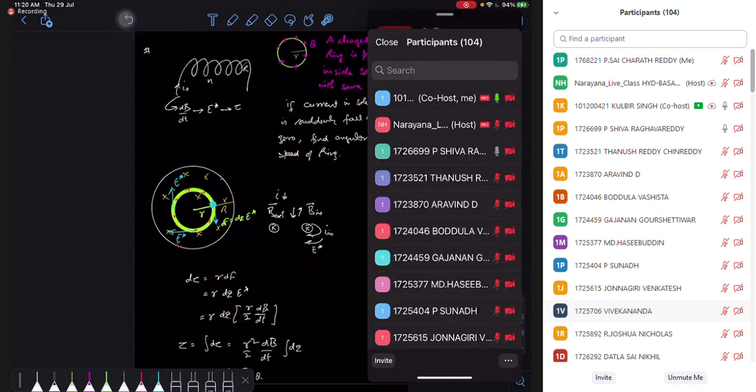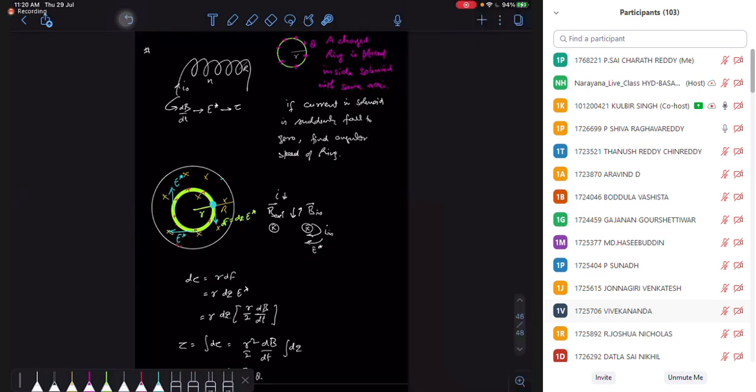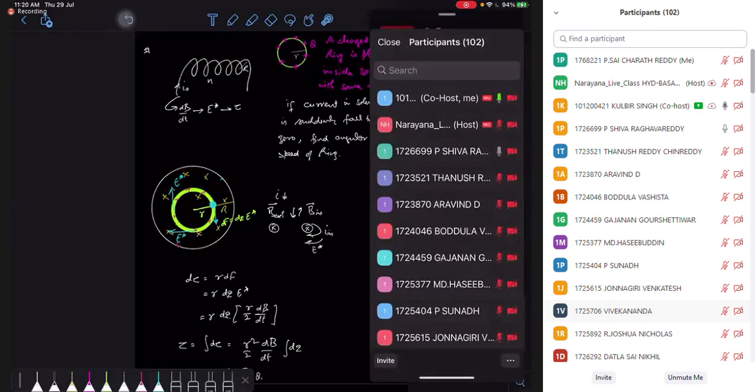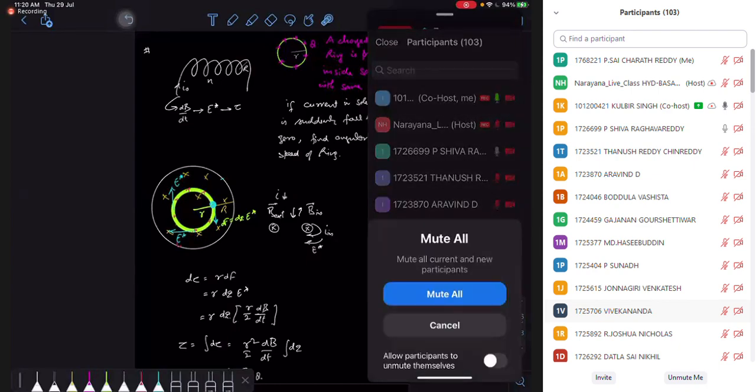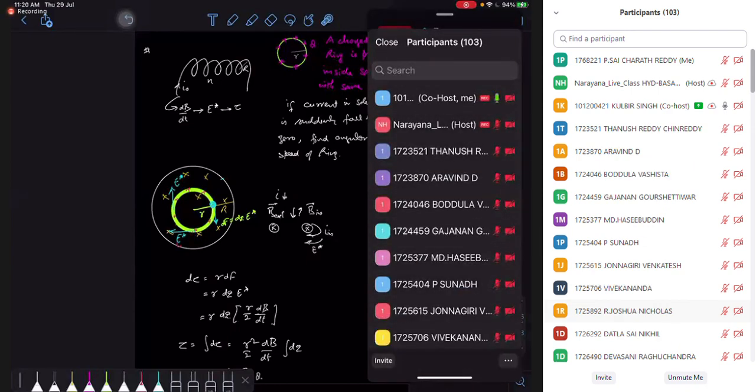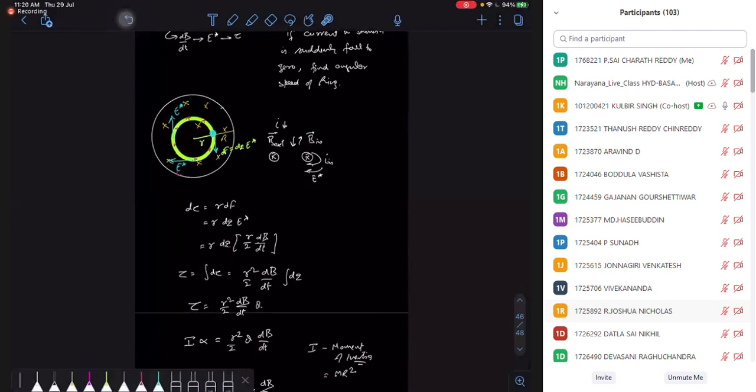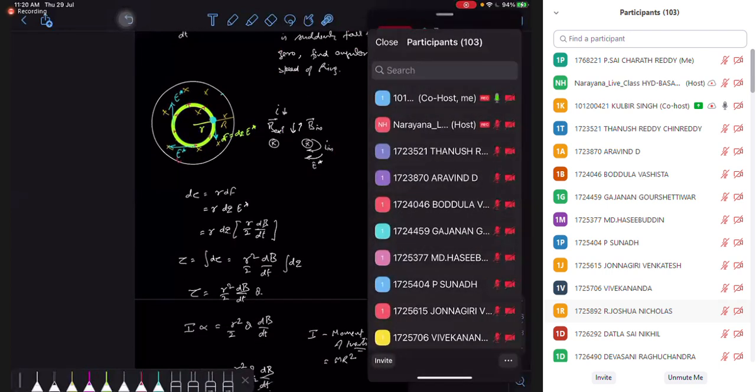So there is no clear-cut answer for your question. Just keep in mind that a time-varying magnetic field can create electric fields. That is the important thing. And where is that electric field created? Not in the metal. It is created inside the space. I hope you understand the point here.